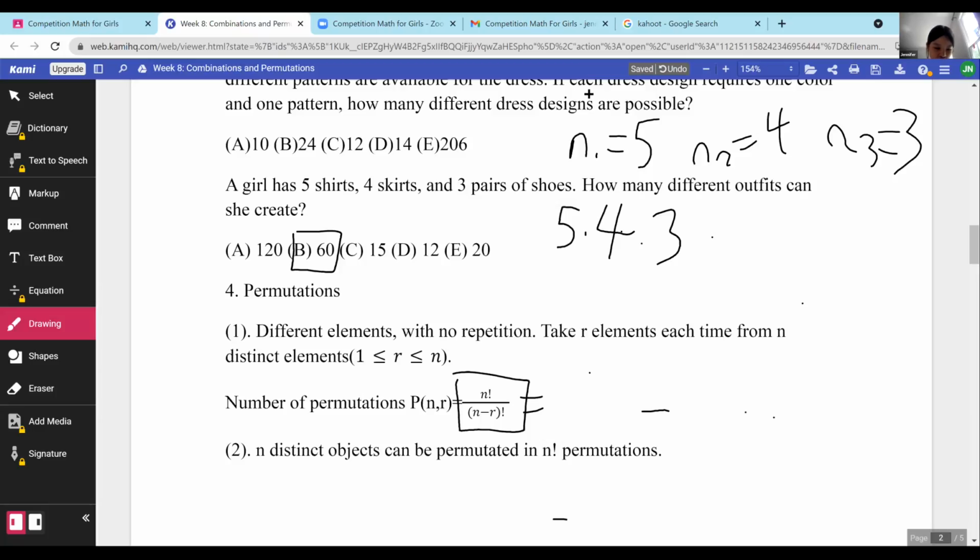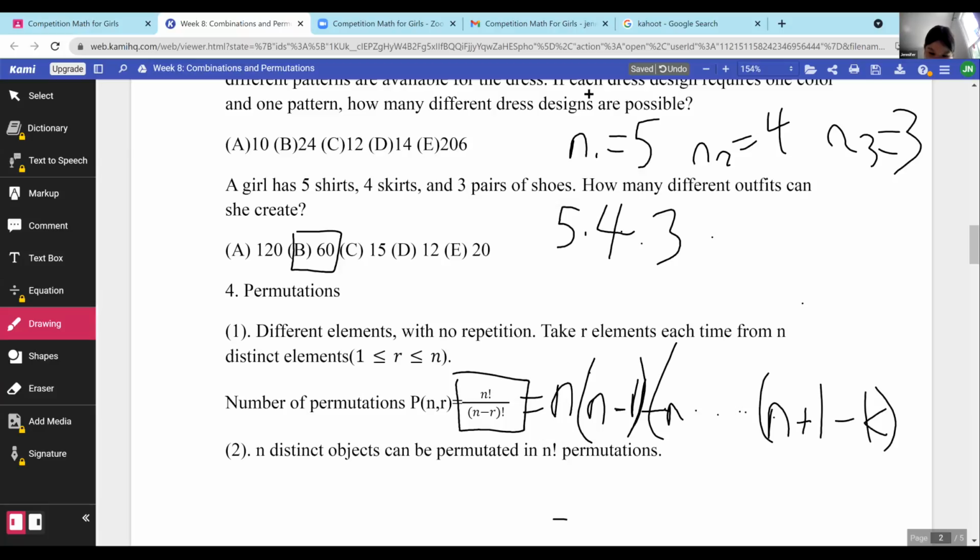This equation, although it seems a bit daunting, is actually just the product descending from n, with some factors, all the way to n plus 1 minus r. In all, there are r factors.